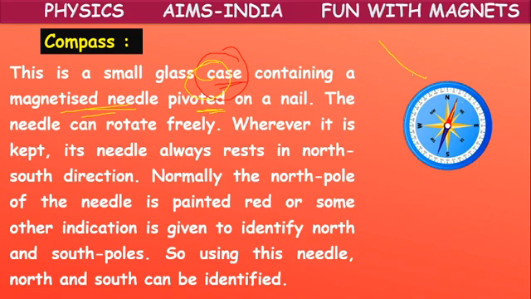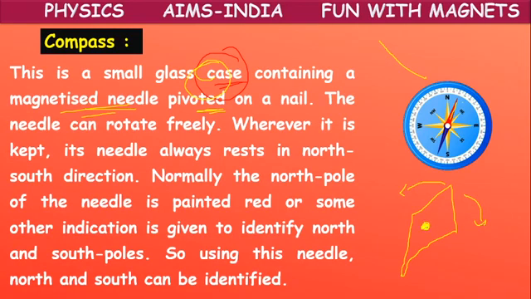The magnetic needle is pivoted in the middle with the help of a nail so that it can move this side or that side.